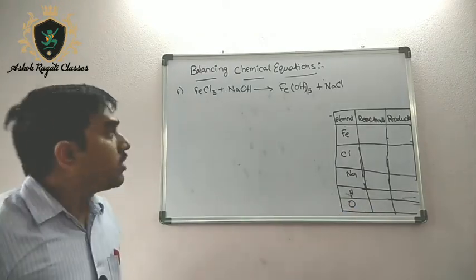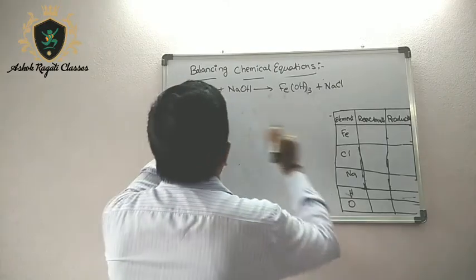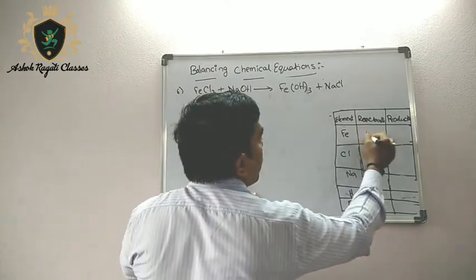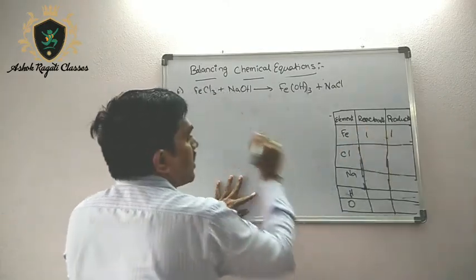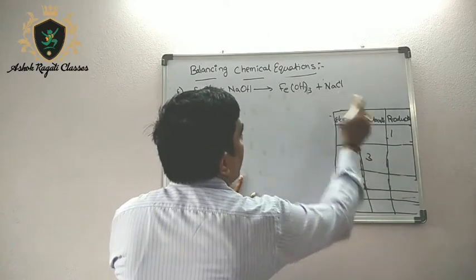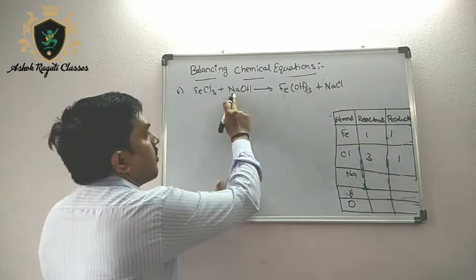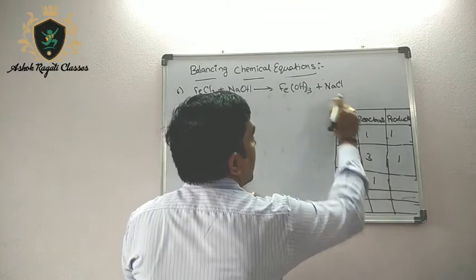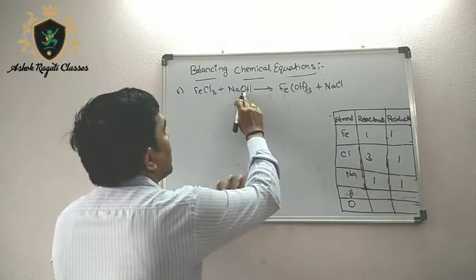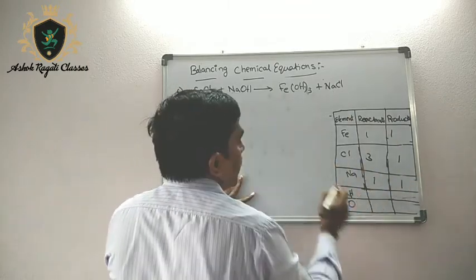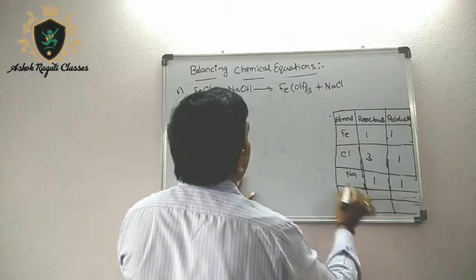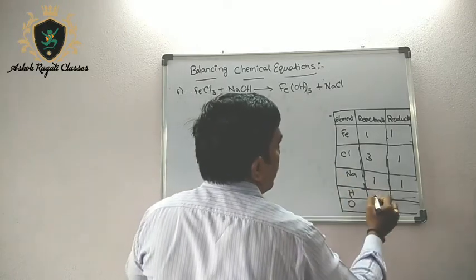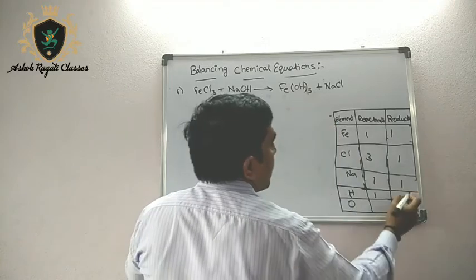See, now note down: Fe 1, 1; chlorine 3, 1; sodium 1, 1; oxygen, hydrogen 1, 3 into 1 is 3.